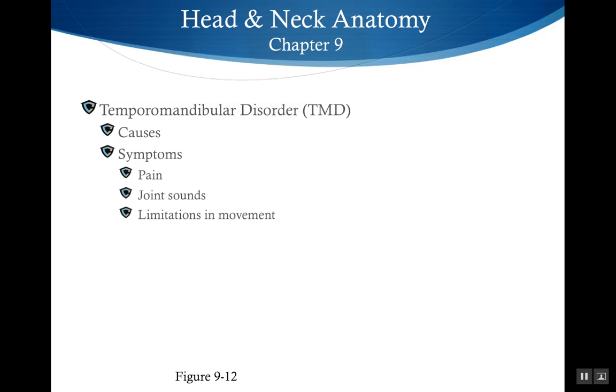You ask the patient to open as wide as you can, and then you take a ruler and measure that distance in millimeters. It's important to note, especially in patients that have restricted movement. We want to be able to measure that on occasion, so it's good to have a baseline of what that patient's maximum incisal opening is.